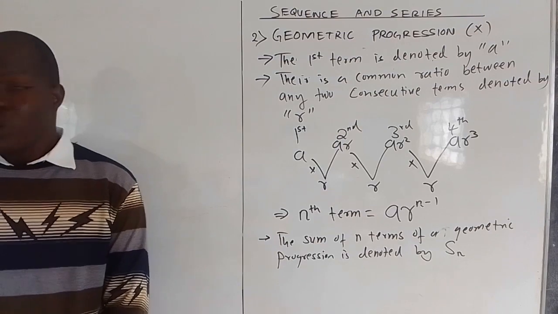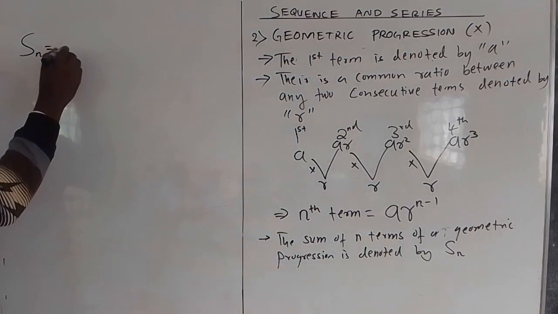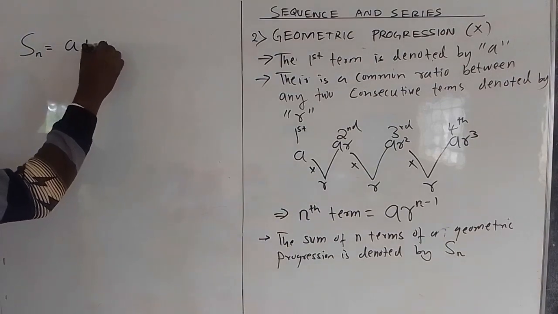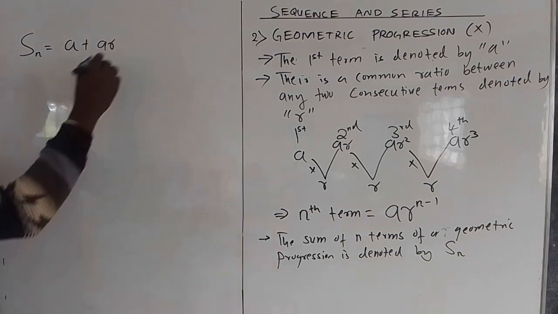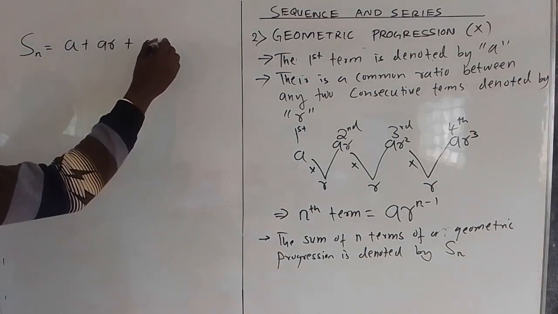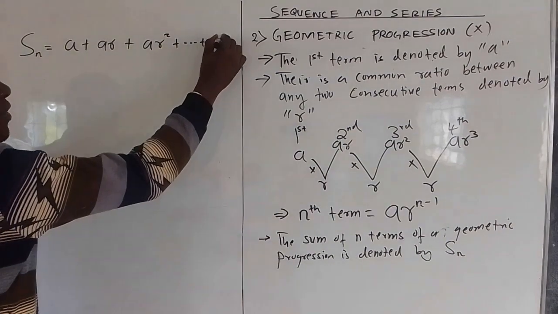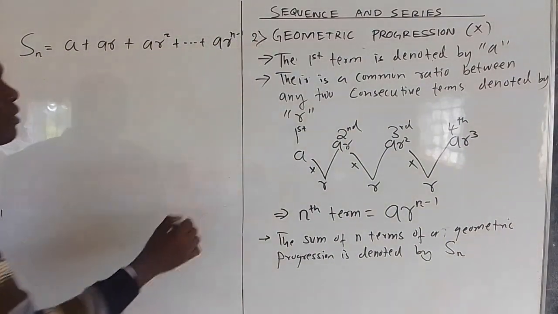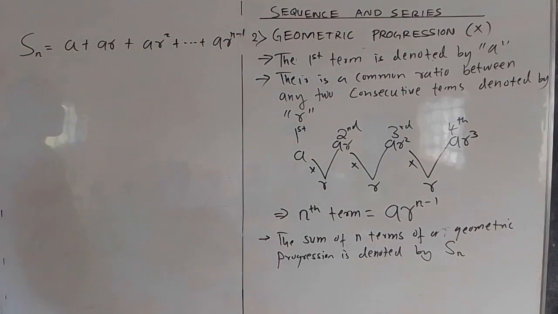So can I now sum n terms of a geometric progression? The first term is A, plus the second term AR, plus the third term AR squared, then plus up to the last term, the nth term, which is AR^(n-1).